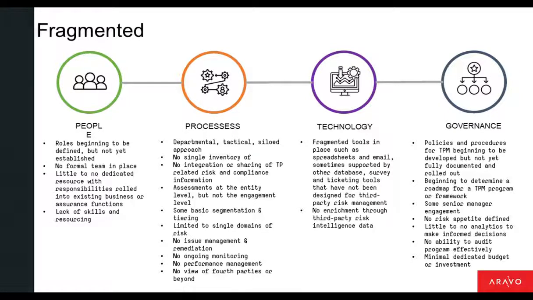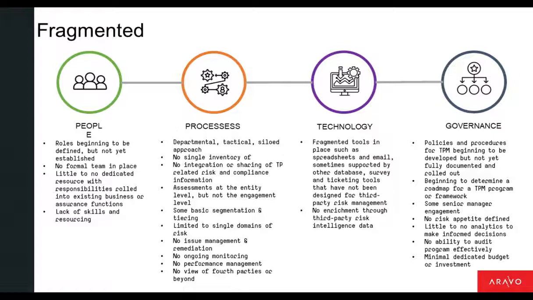So, for instance, you might have your IT security applying processes and technologies for information security, whereas compliance may be using an entirely different process on the other side of the business for ABAC risk and looking at that separately. So processes here are still fairly tactical and siloed. But there are some good practices that are beginning to emerge.